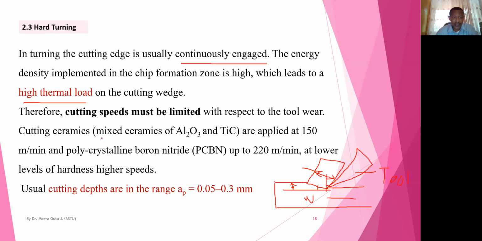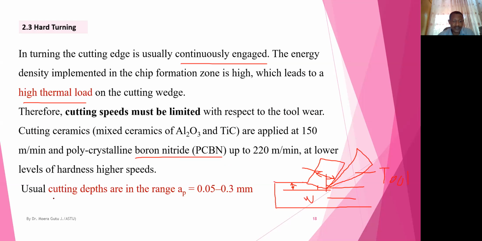So cutting ceramics like mixed ceramics of alumina and titanium carbide are applied up to 150 meters per minute. The maximum cutting speed reaches up to 150 for machining of oxide ceramics and non-oxide ceramics like titanium carbide. Polycrystalline boron nitrides can also be used up to 220 meters per minute cutting speed.